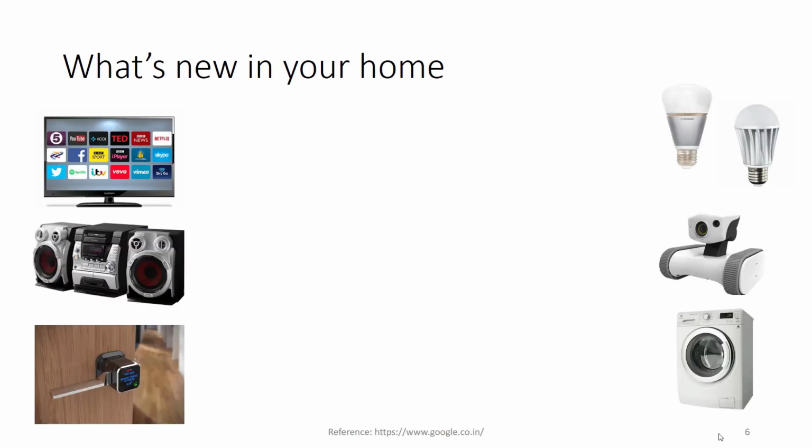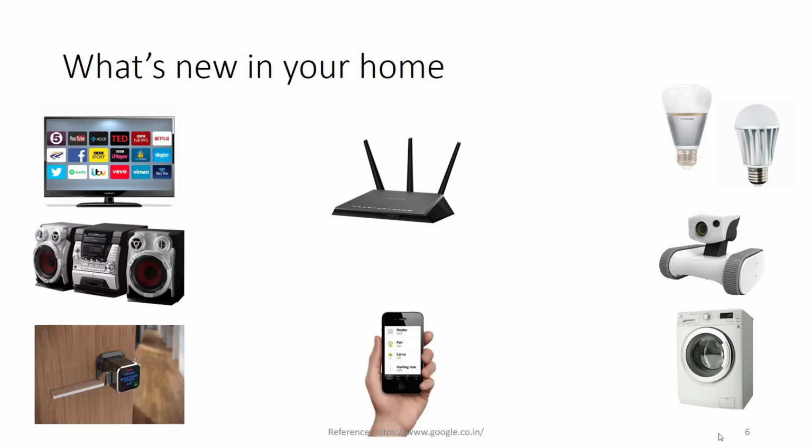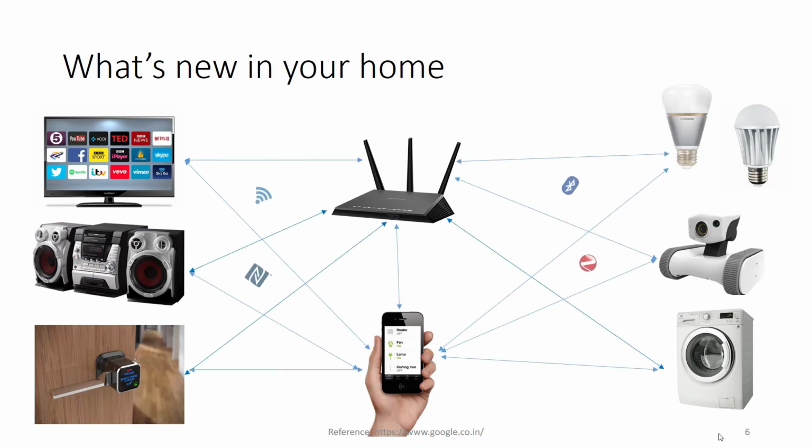If I talk about a home, we have TV, music systems, lighting systems, cameras, washing machines and smart locks in our homes nowadays, which have connectivity through a router to your network and can be controlled with your phone via Wi-Fi, Bluetooth, NFC, or Zigbee kinds of technologies.